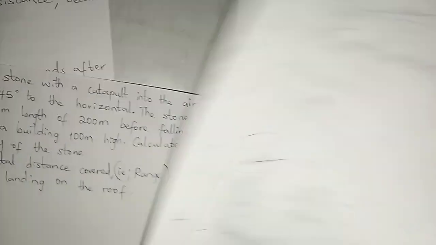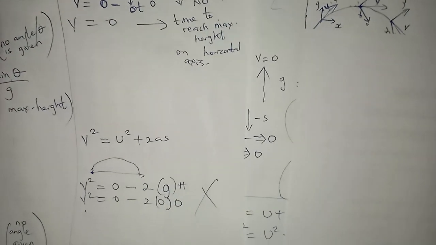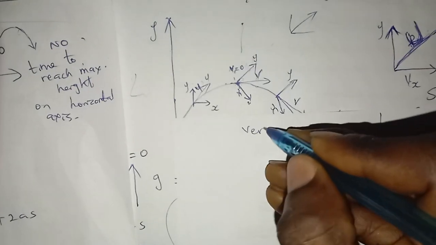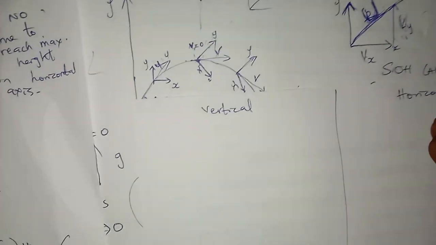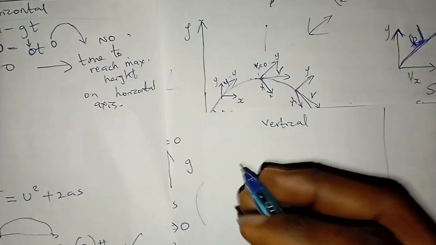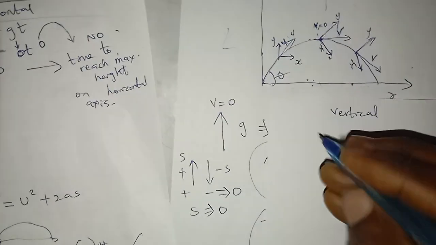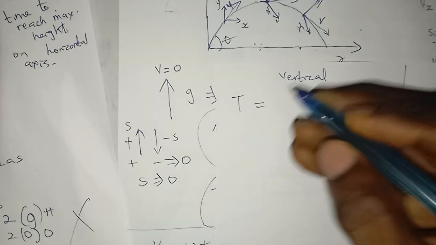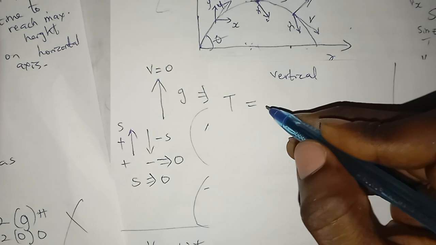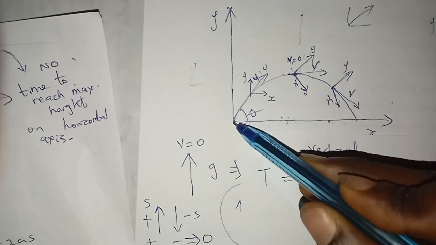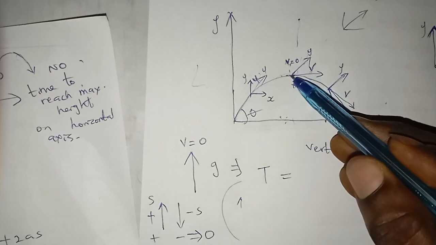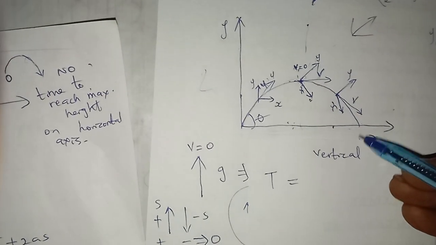So now for total time of flight, using what we've discovered, let's call this vertical, and call this horizontal. The total time of flight, which is t, is going to be simply on the vertical axis. On the vertical axis, you move up, you come down.